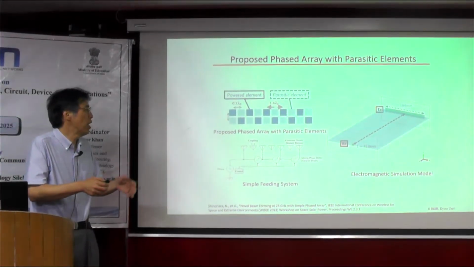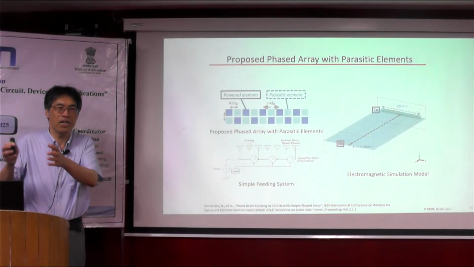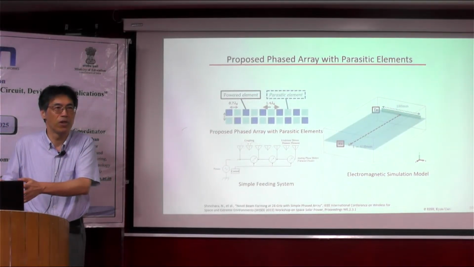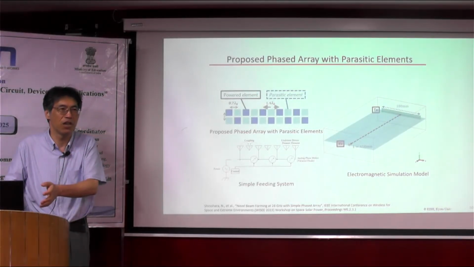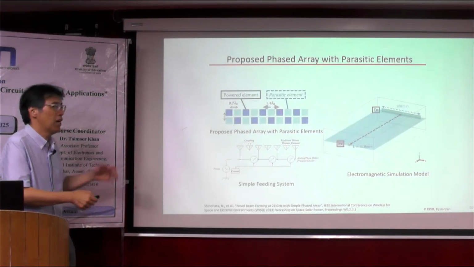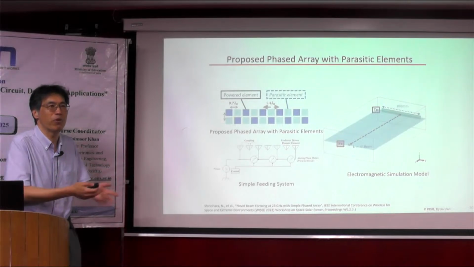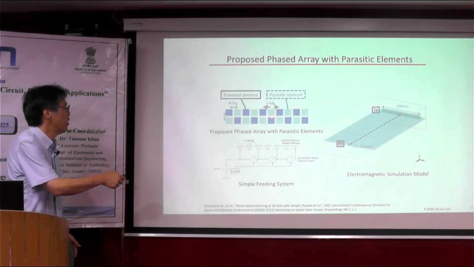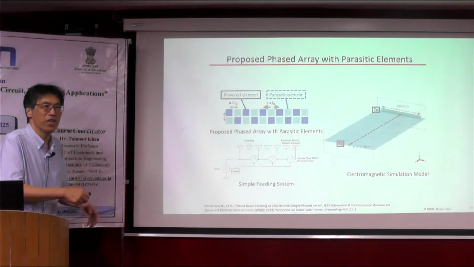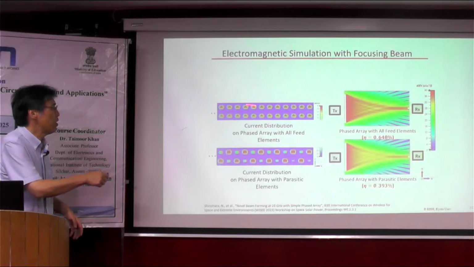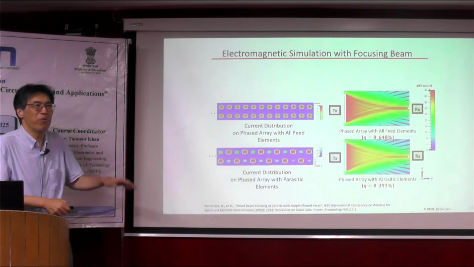So the cost is decided by the number of circuits and the cost of the circuit itself. We multiply the number of circuits and the cost of the circuit. But in this case, we use half the number of circuits, and the cost is half compared to the normal phased array. And we add only very low-cost or no-cost metal. So compared to the normal phased array, the number of circuits becomes half. It means the cost will be half.